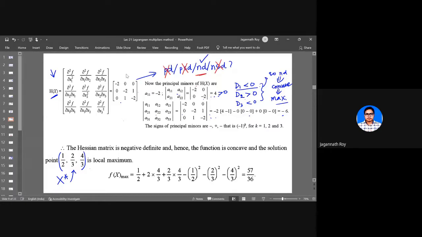Since this is negative definite, we can call it concave. So that is why this is a maximization problem. And the maximum value will be this one. Just substitute into the problem.